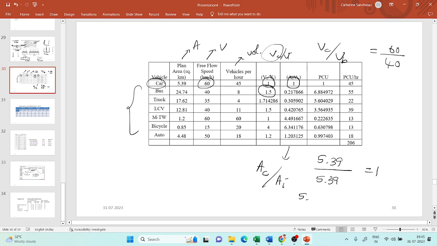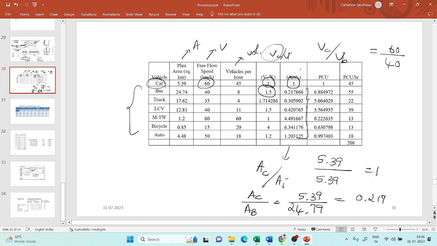Now for bus, AC, projected area of car by projected area of bus, is equal to 5.39 divided by 24.79, which is equal to 0.217. So this is AC by AI. I will do this for all the vehicles, and that is what I've got here.